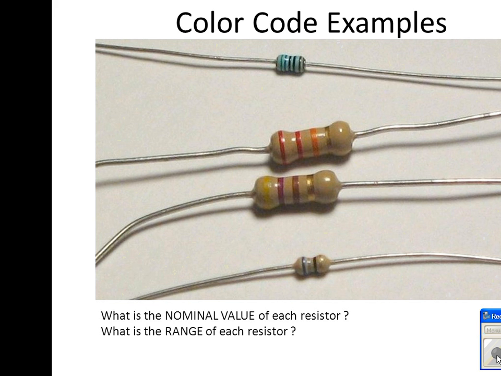560 is correct. Raimundo, what is the tolerance associated with brown as a tolerance band? Plus or minus 1%. So that first resistor is a 560 plus or minus 1%.